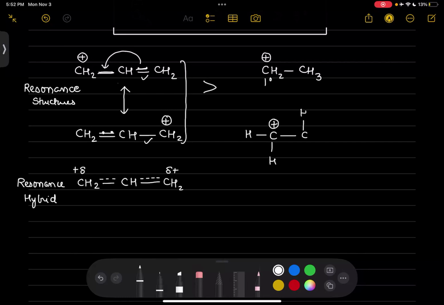What all effects can it experience, and how are they going to help this positive charge get lowered? Is the positive charge able to undergo resonance?